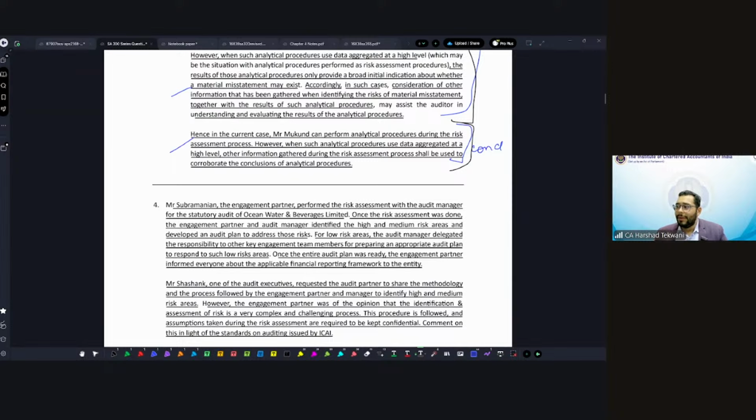Otherwise, how they will be able to understand what is high or medium risk area? Are you getting the point? So here they will not be able to understand high and medium risk areas. And the major incorrect part is telling the financial reporting framework after everything is done.